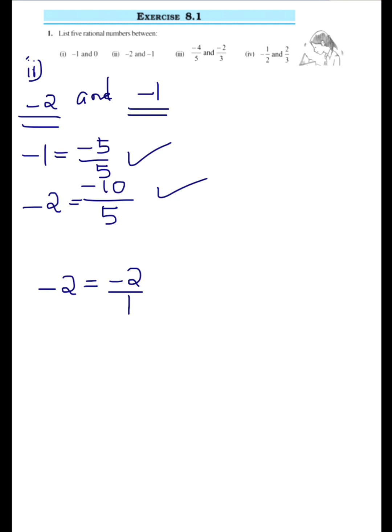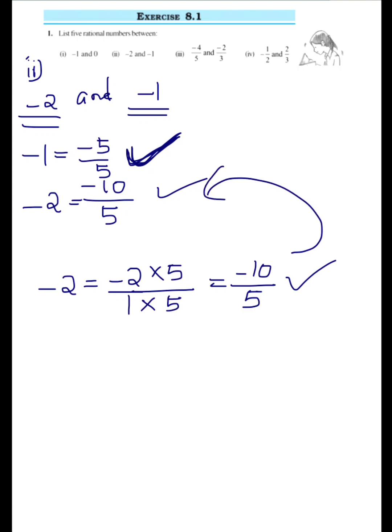Here the denominator is 5, so you have to multiply both with 5. Then only in the denominator you will get 5. So when you multiply both with 5, you will get minus 10 by 5. In this way you are taking minus 2 as minus 10 by 5.